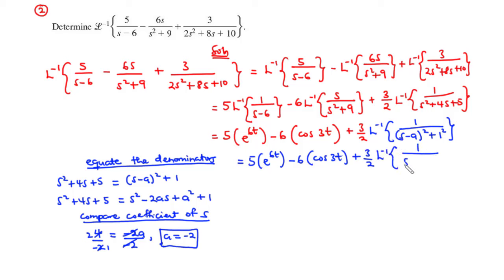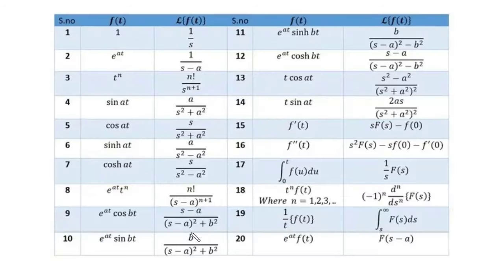So this becomes 5e to the power 6t minus 6 cos 3t plus 3 over 2 times, now we have this value to be b. We have this value to be b, and then we have a here also to be negative 2.